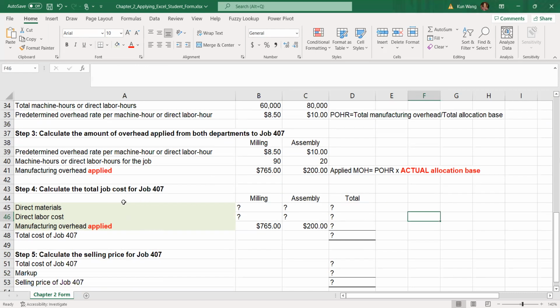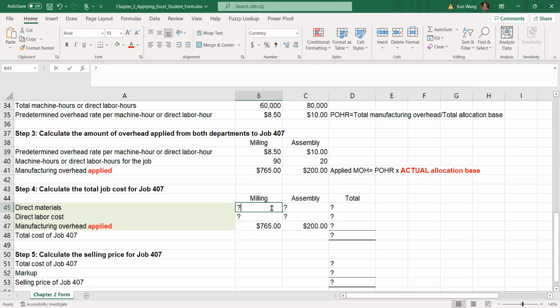So for the cost sheet, the material and the labor, we can directly reference the given information. And you can see the nice thing is once I finish my overhead applied, it is already referred to by the cost sheet. Okay, this part of the formula, like the reference, is already set up for you by the question itself.